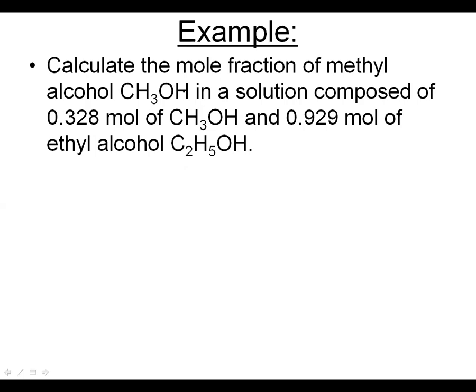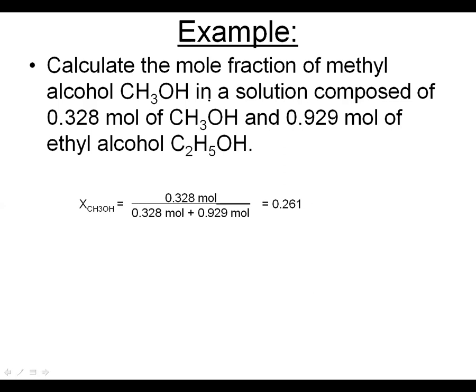And I think we might have done this problem. So just to reiterate here, if we wanted the mole fraction here for methanol, which is the CH3OH, in a mixture of methanol and ethanol, we would add up the total moles, which in this case is 0.328 and 0.929. And we would take the moles of the methanol, which we're interested in, and divide it.